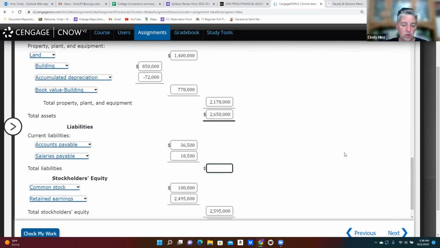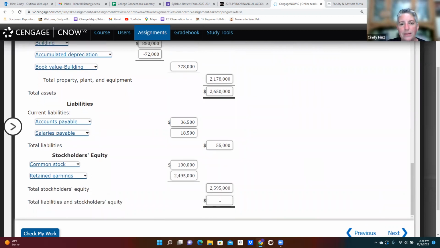Let's total those. And then add that amount to the total stockholders' equity. And luckily, we did find that our total assets and our total liabilities and equity are the same. And so that's a good sign that we have done this correctly.